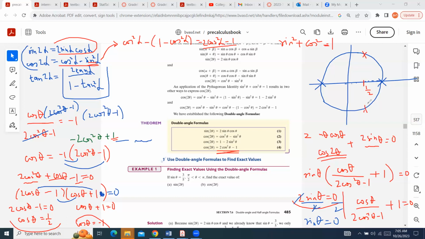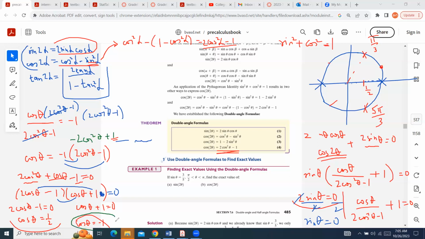So there will be 2 points. They correspond to angles pi/3, right? Because pi/6 will be square root 3 over 2. And the other would be negative pi/3, but I'd rather say it's going to be 5 pi/3. So that's for 1/2. Because I'm trying to get, as usual, an interval from 0 to 2 pi.